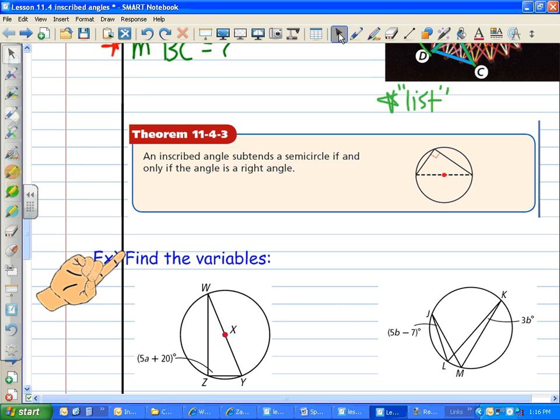An inscribed angle. An inscribed angle subtends a semicircle if and only if the angle is a right angle. Okay? So here's what it's saying. Look at your picture.